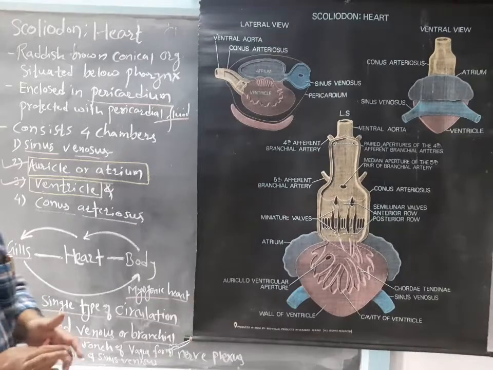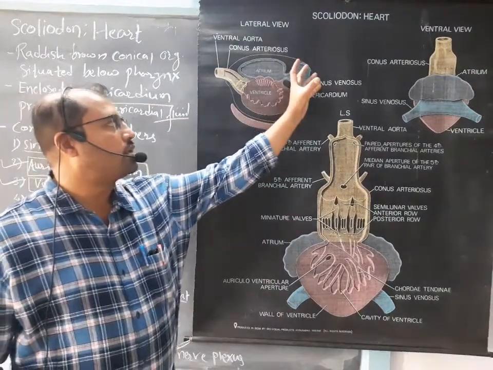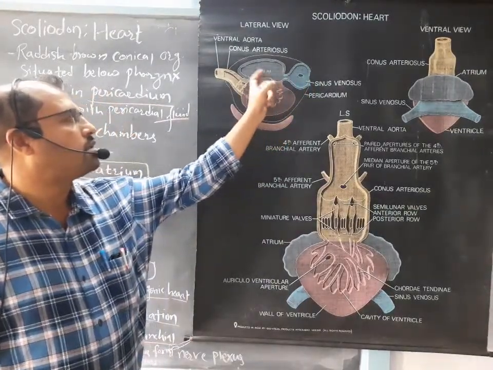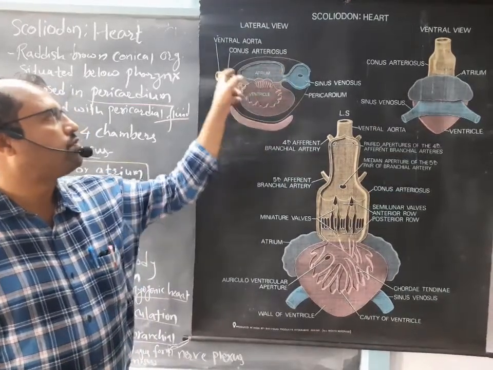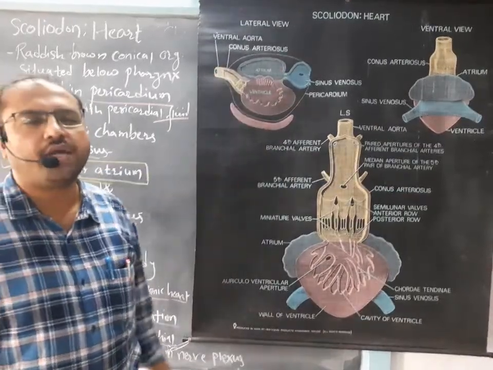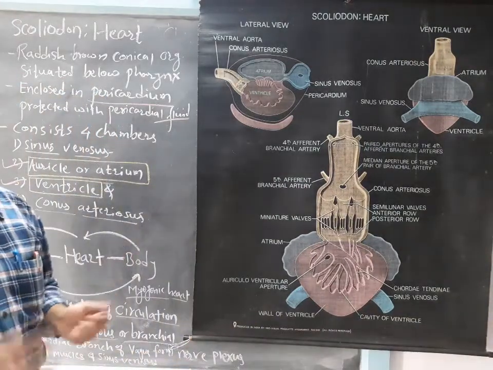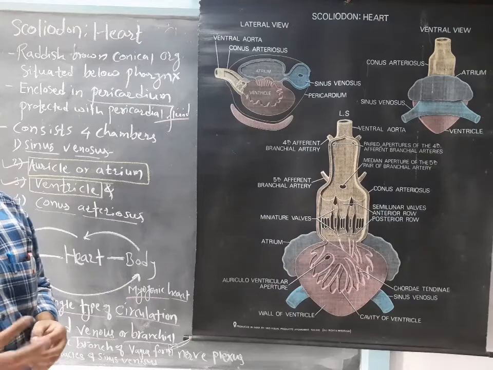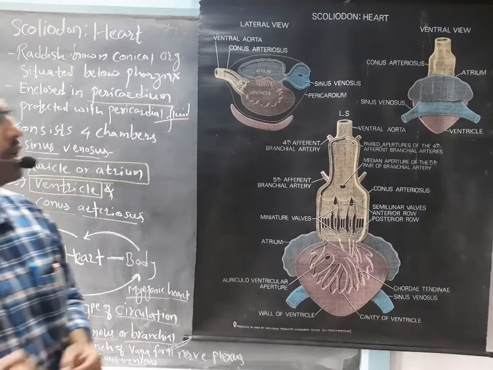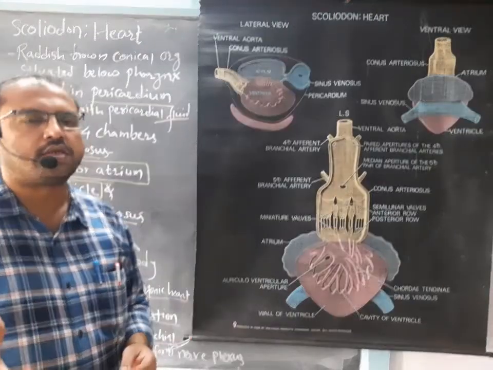From the sinus venosus, which contracts, then the atrium relaxes, and likewise the flow passes. So the heartbeat is in the form of systole and diastole. Systole is when it contracts and diastole is when it relaxes.